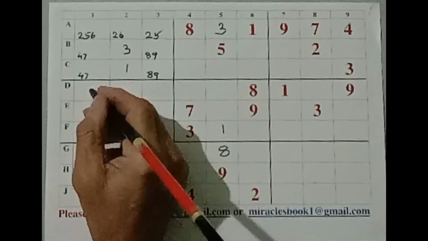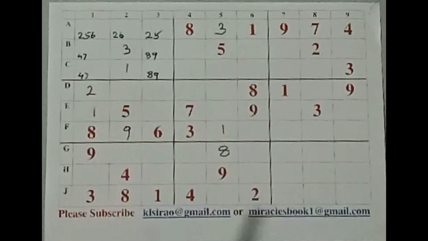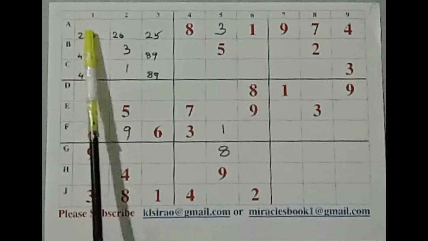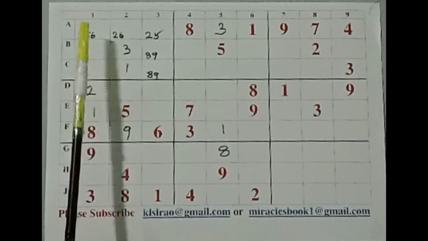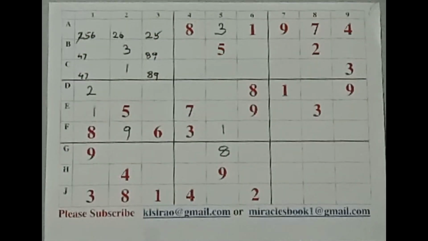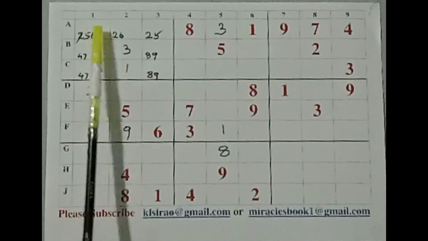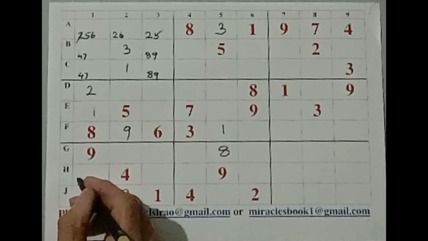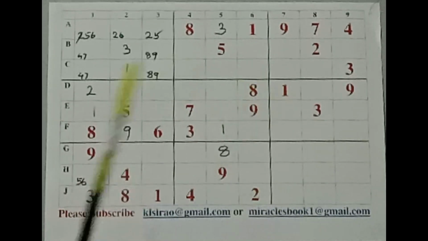So this is the place for number 2. Now immediately we can disband that set of 3 numbers and delete that number 2 there. Delete that, and what happens in this cell, the matching pair that 5 and 6 will take this place. Let us assign those 2 numbers for this cell.